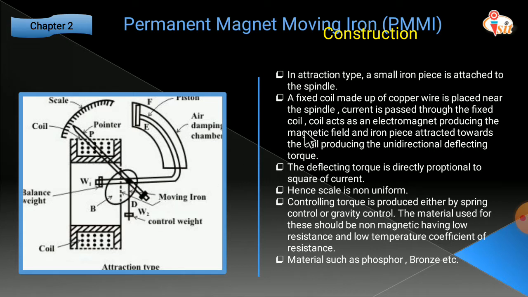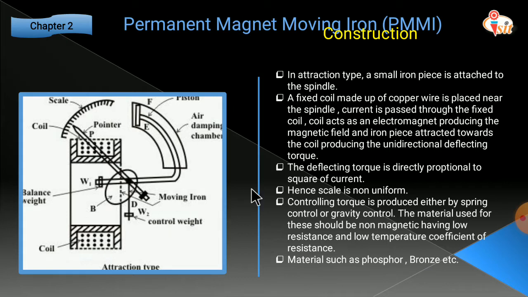Now the coil acts as an electromagnet producing the magnetic field, and the iron is attracted towards the coil. Once it produces the magnetic field, the iron is attracted towards it. The deflecting torque is directly proportional to the square of current.